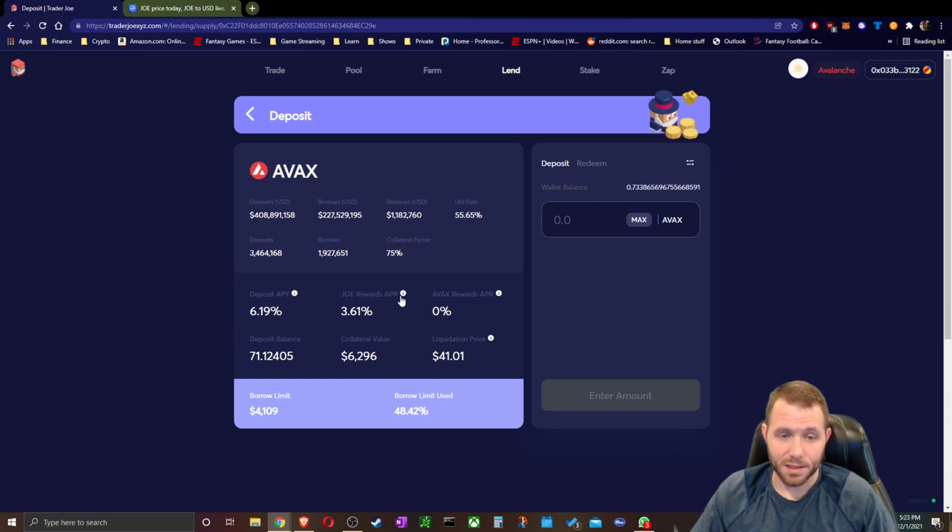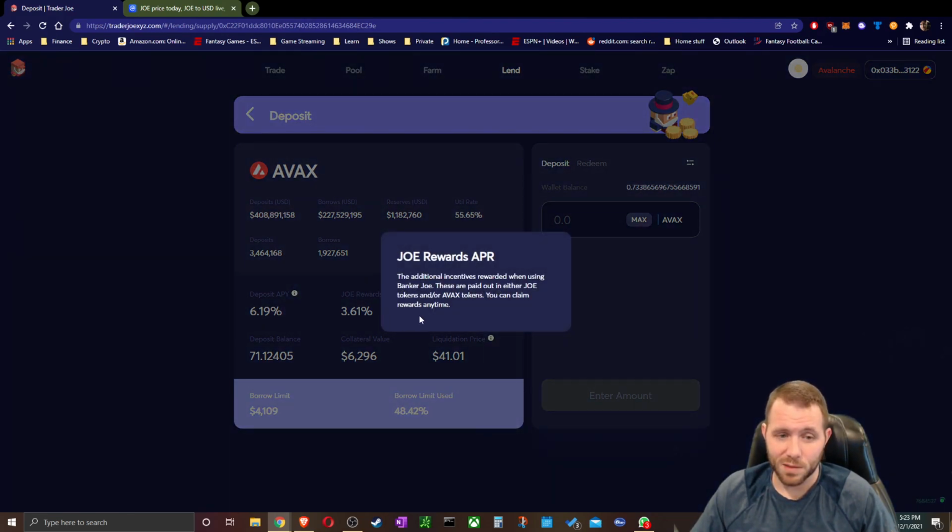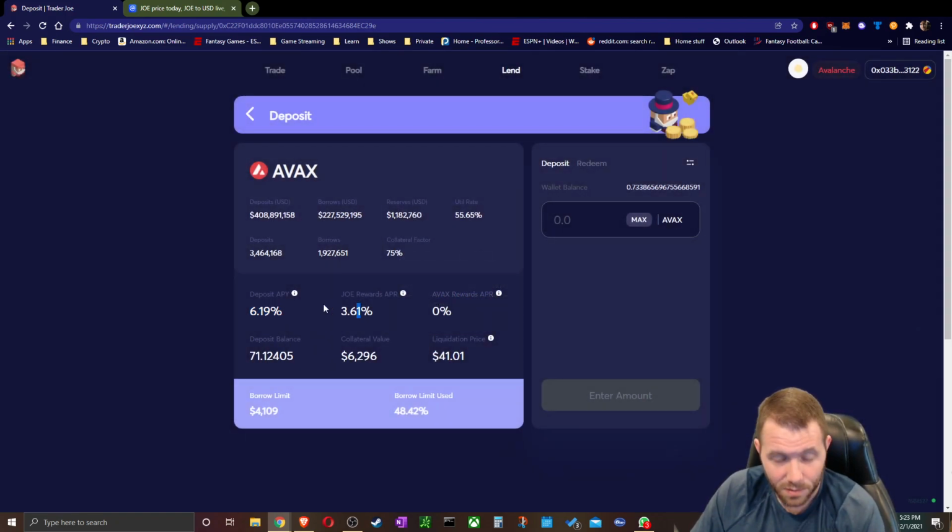And then additionally, I also get 3.61% of it back in the native Joe token, which then I could stake, or I could even just swap it for AVAX and put it back into this, right? So that's pretty nice. So altogether, it's about a 9, almost 10% yearly gain just for holding AVAX.